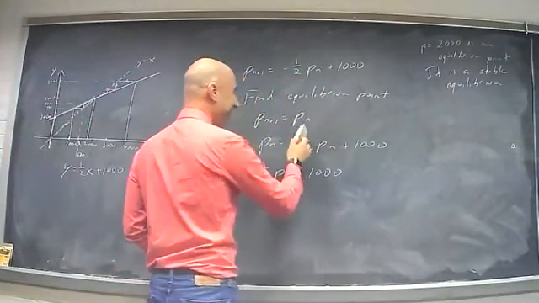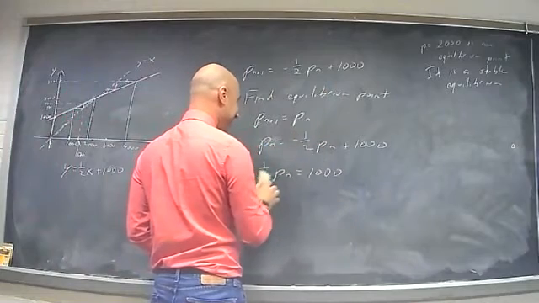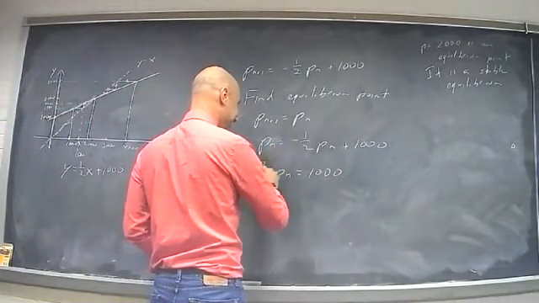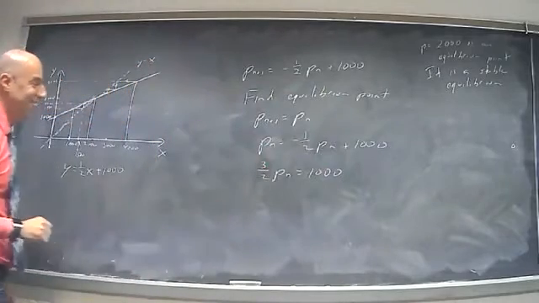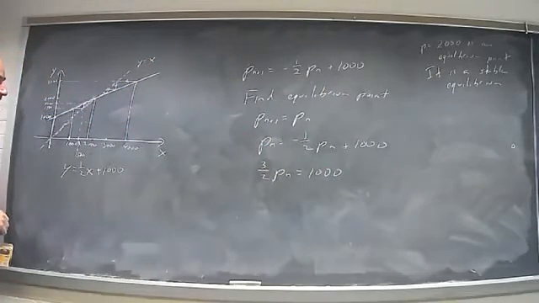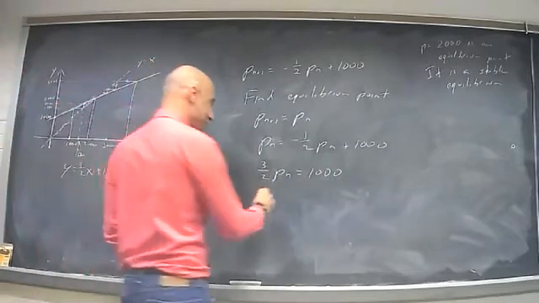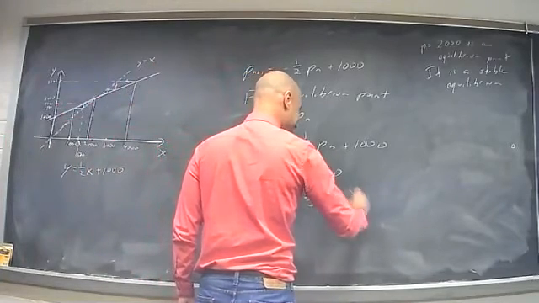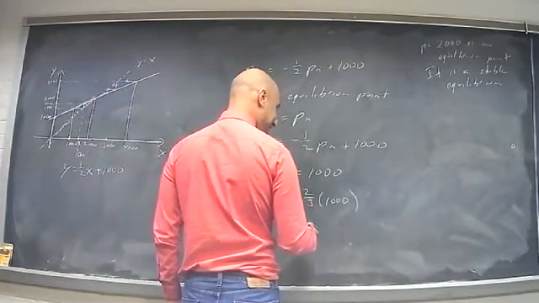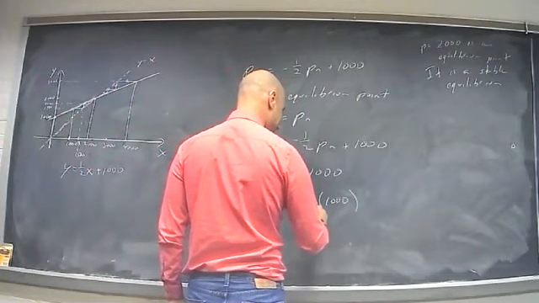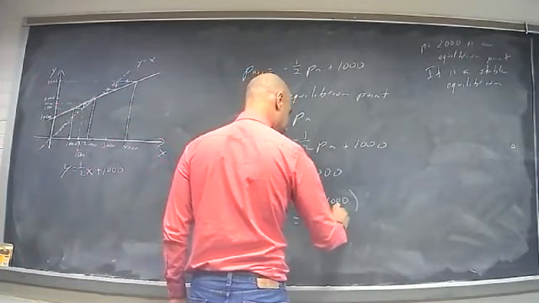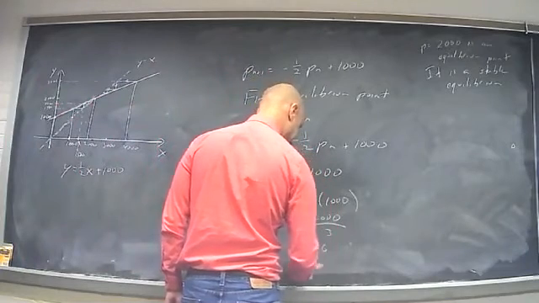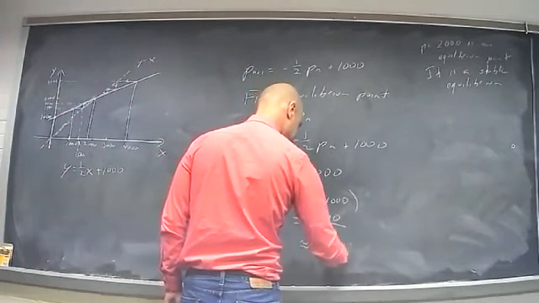If I add 1/2 Pn to both sides, I don't get 1/2 Pn. I get 3/2 Pn. And so my Pn is going to be 2/3 times 1,000, or 2,000 over 3, or about 667-ish.